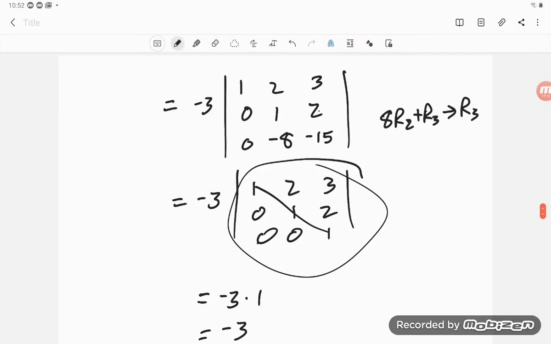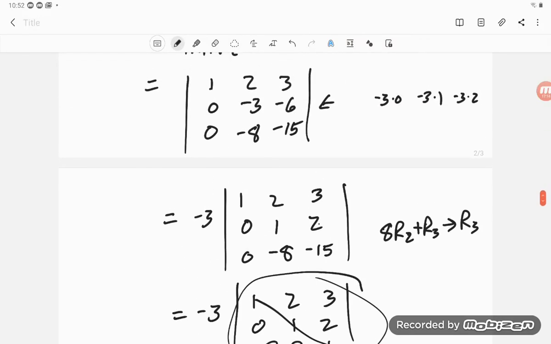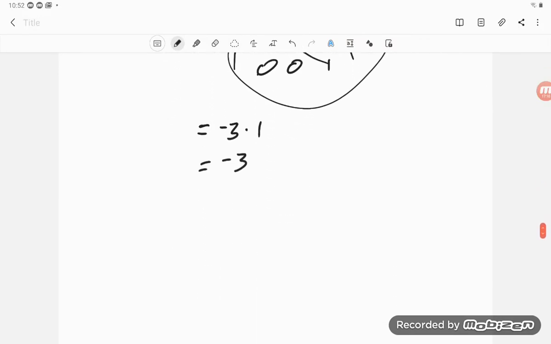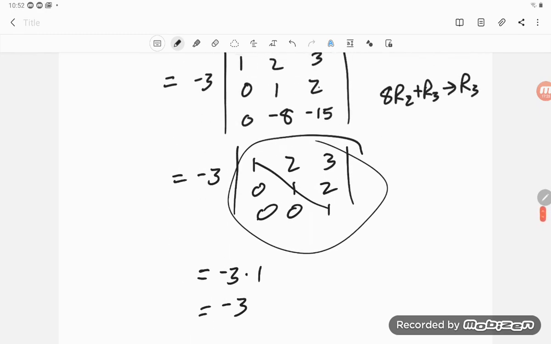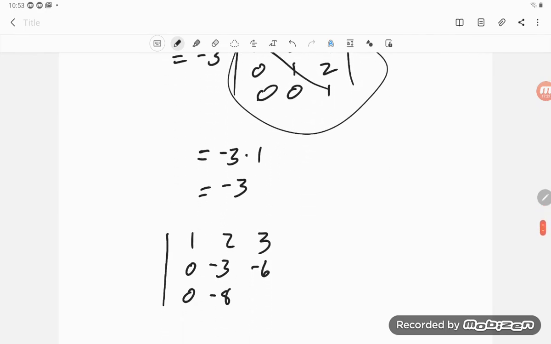So let me go back here to this point, and we had 1, 2, 3, 0, -3, -6, 0, -8, and -15. Well, again here, what I could do is take 8/3 times row 2, add that to row 3, and put it into row 3.